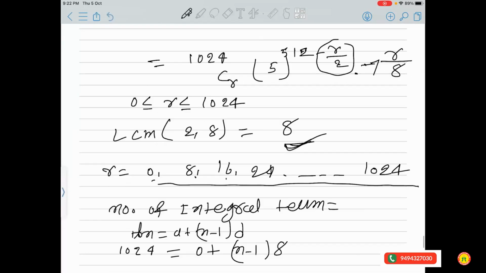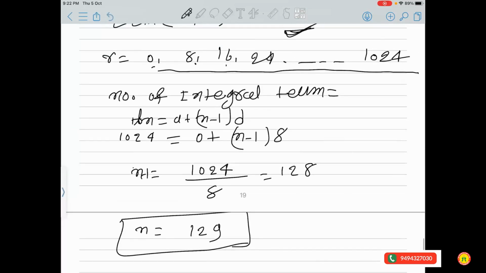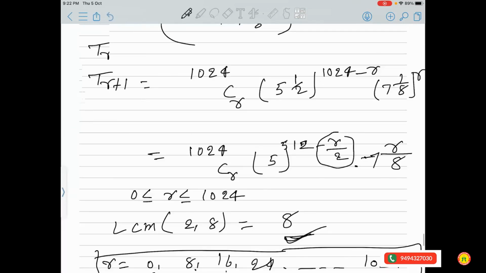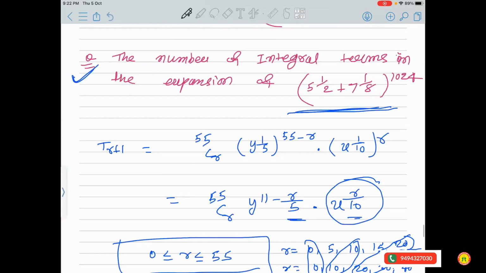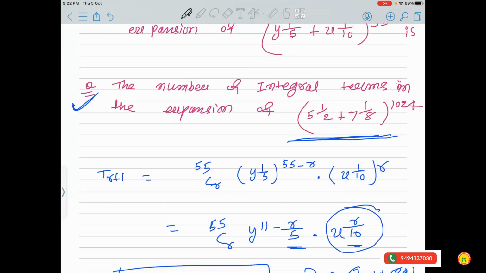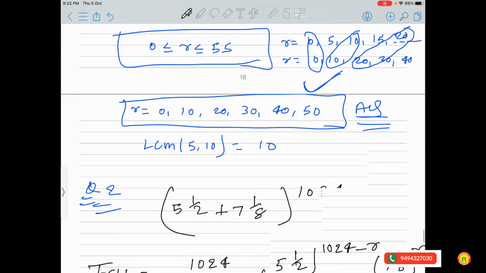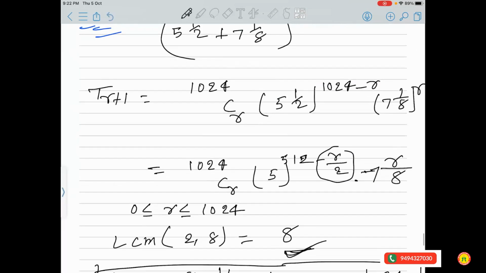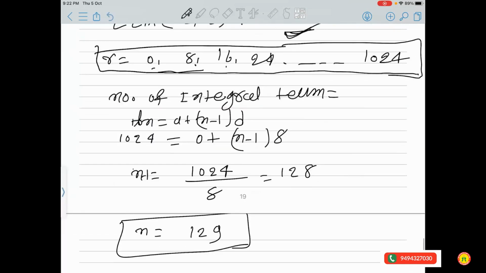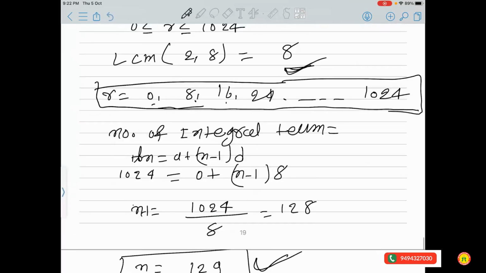So 0, 8, 16, 24 like that, r values give the integral terms, right? The question is asking the number of integral terms, so count n is equal to 129 is the number of integral terms, right?